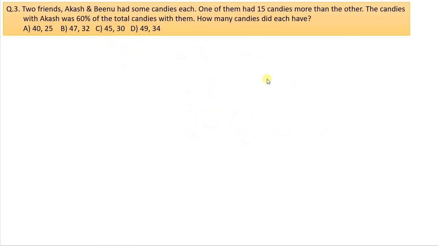In the next question, we have two friends, Akash and Binu, who had some candies each. One of them had 15 candies more than the other. The candies with Akash are 60% of the total candies with them. How many candies did he have? Here we have Akash and Binu. If Akash is having 60% of the total candies, then Binu will be having 40% of the total candies.